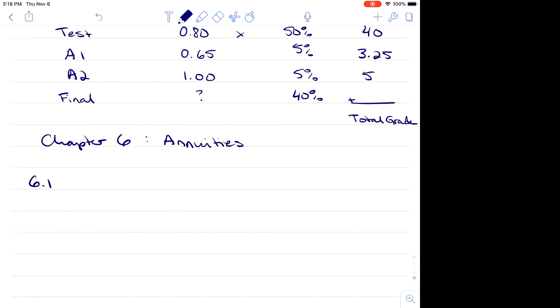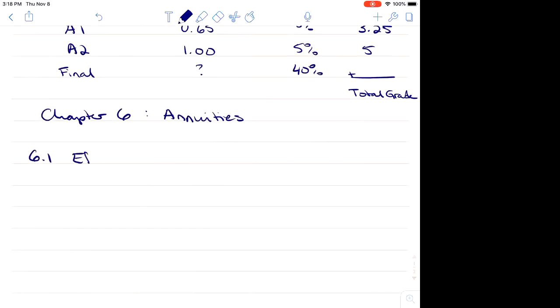So 6.1 is on effective and equivalent interest rates. An effective rate is the annually compounded rate that gives you the same future value as whatever your original rate was. It just converts always to annual compounding, where the F is 1.